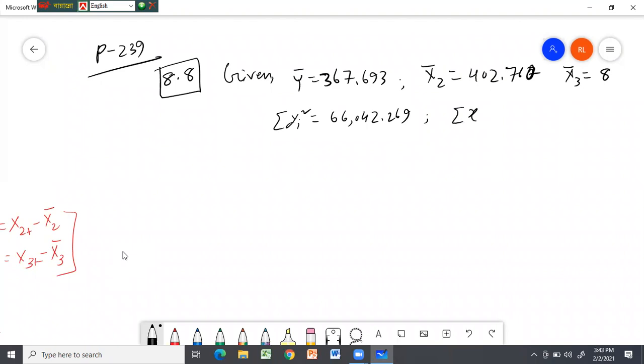Then you are also given small x2 y square. Here the subscript i has been given when you are considering cross-sectional data. When you give the subscript i with y and x, your respective variables, then you are considering cross-sectional data. Anyway, the sum of x2 y square is given as 84,855.096.